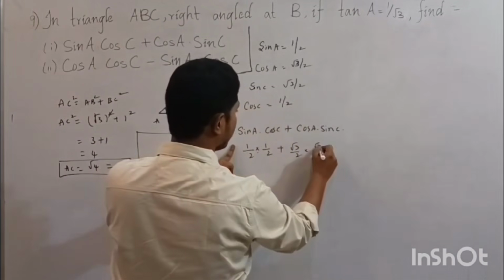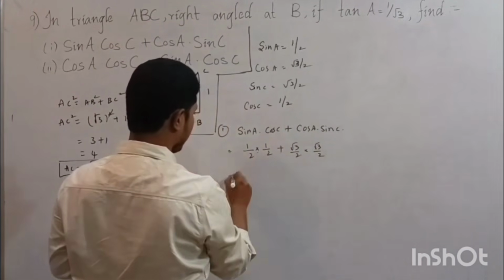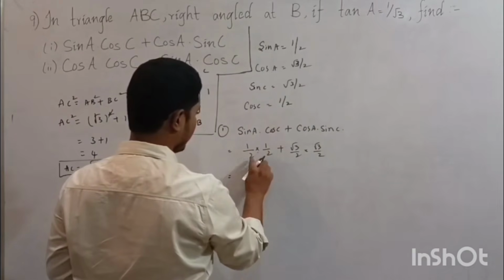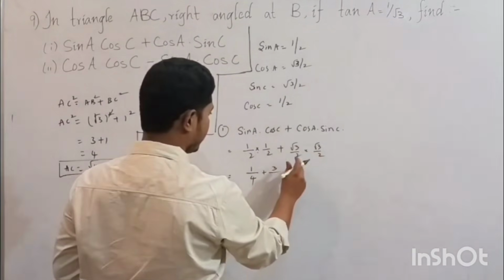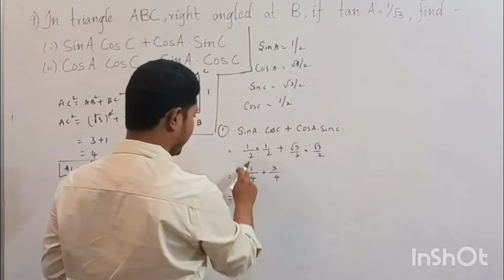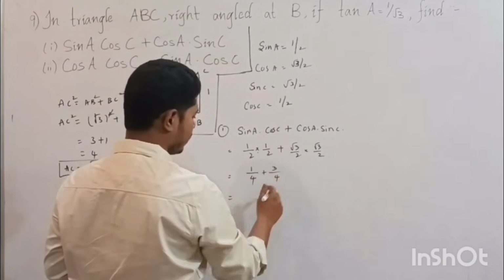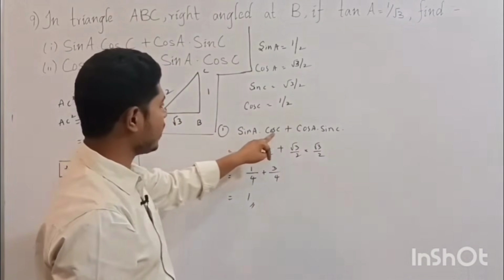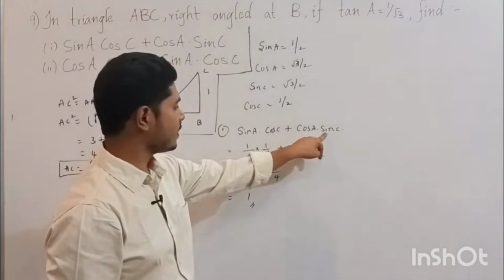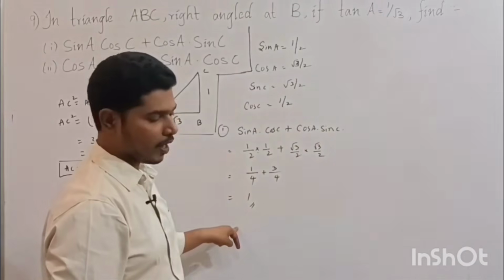Sin C is equal to root 3 by 2. Now 1 into 1, 1. 2 into 2, 4. Plus root 3 into root 3, 3, 2 into 2, 4. So 1 by 4 plus 3 by 4 is equal to 1. That's all. The first question answer, sin A cos C plus cos A sin C, is equal to 1.